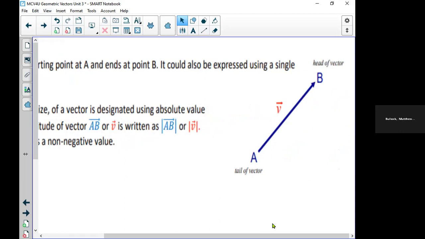The reason why that's important is that when we get into the rules, we'll have the tail-to-tail rule or the tip-to-tail rule, and you'll have to distinguish that the tail is actually the starting point. Sometimes students easily confuse that. Tail is your starting point, the tip is your ending point of the vector. Okay.